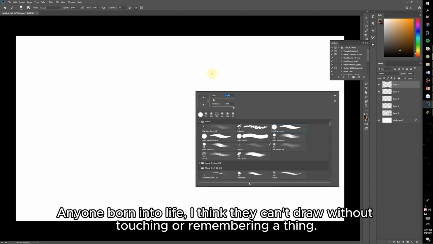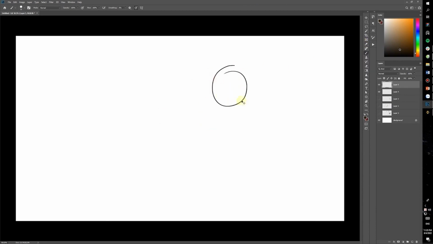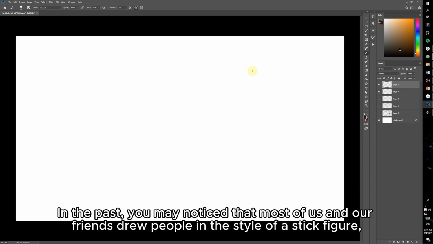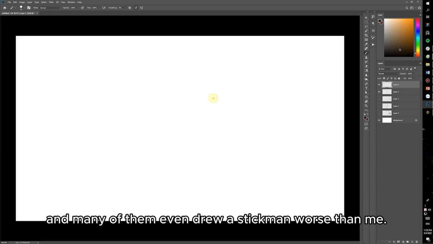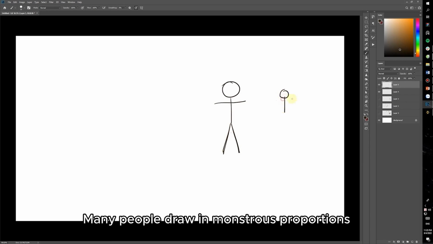Anyone born into life, I think they can't draw without touching or remembering a thing. In the past, you may notice that most of us and our friends drew people in the style of a stick figure, and many of them even drew a stickman worse than me. Many people draw in monstrous proportions.